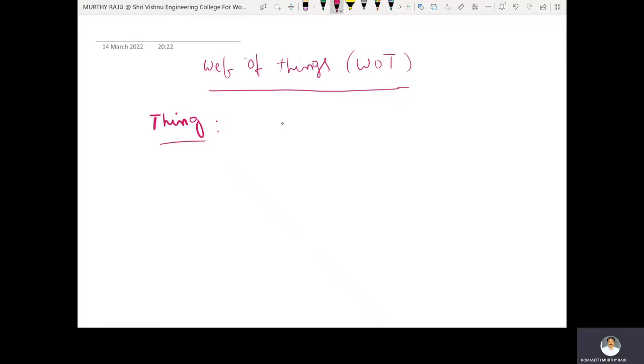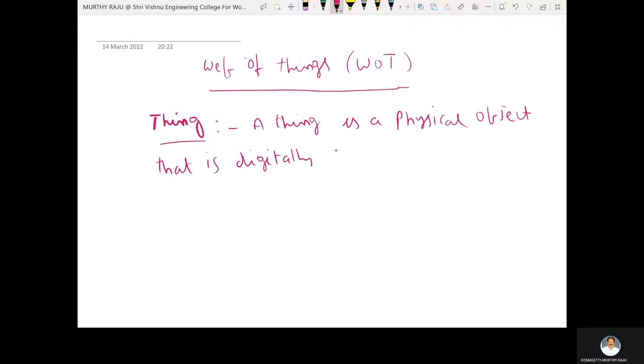A thing is a physical object that is digitally expanded with one or more of the following.